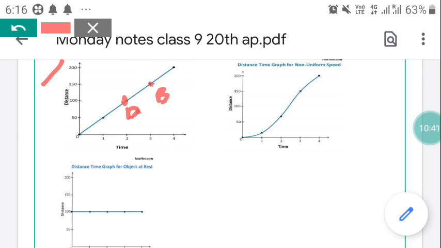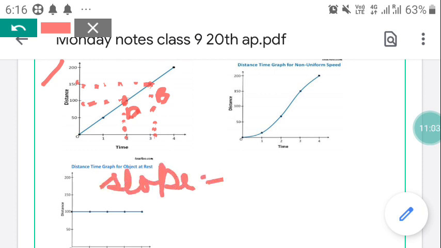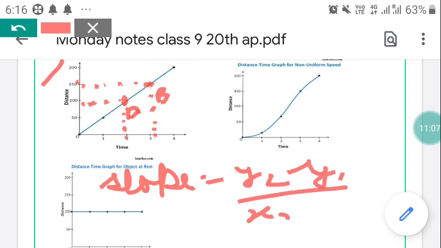Then draw lines on the x-axis and y-axis from each point. So this is the first one, this is on the y-axis. For B, this is on the x-axis and this is on the y-axis. So slope is y2 minus y1 upon x2 minus x1. y2 is what?